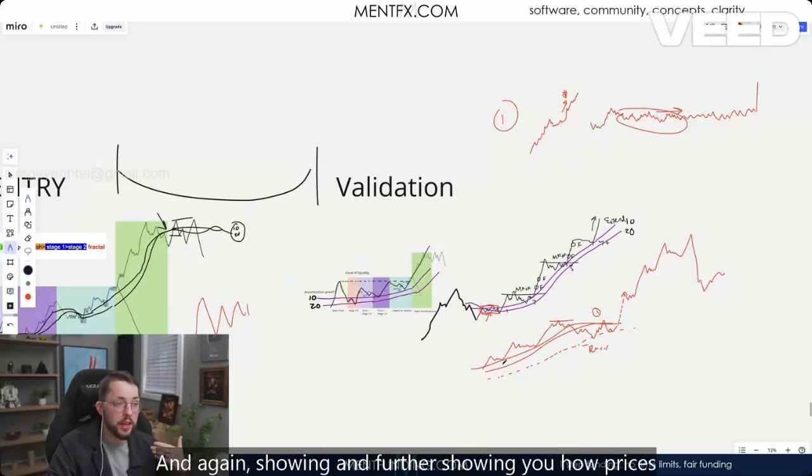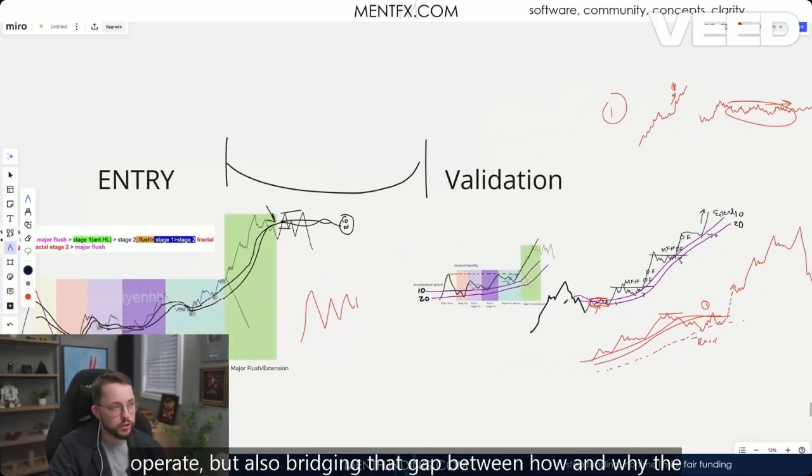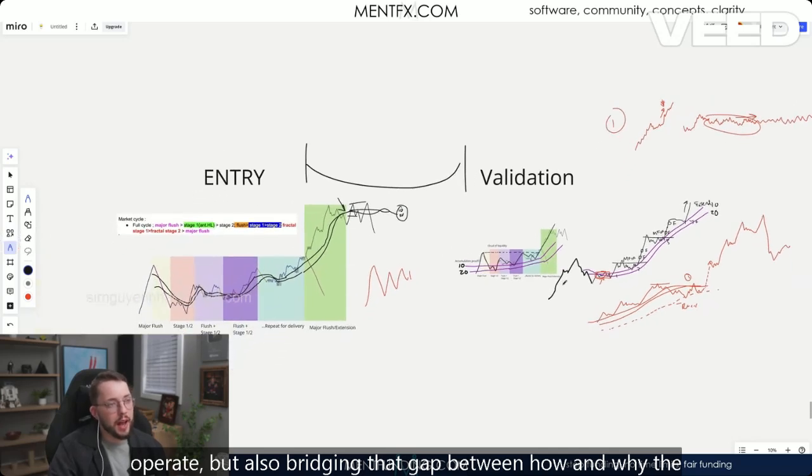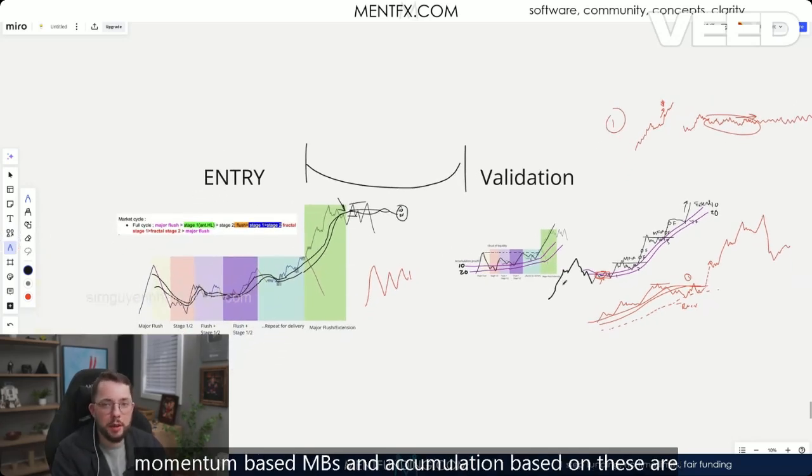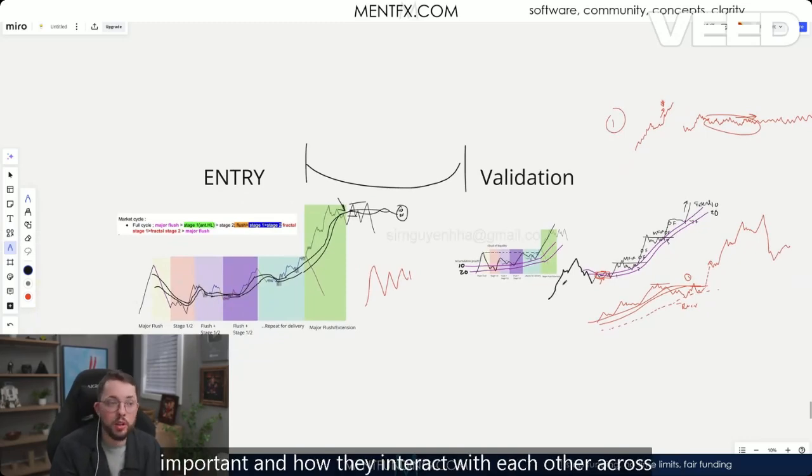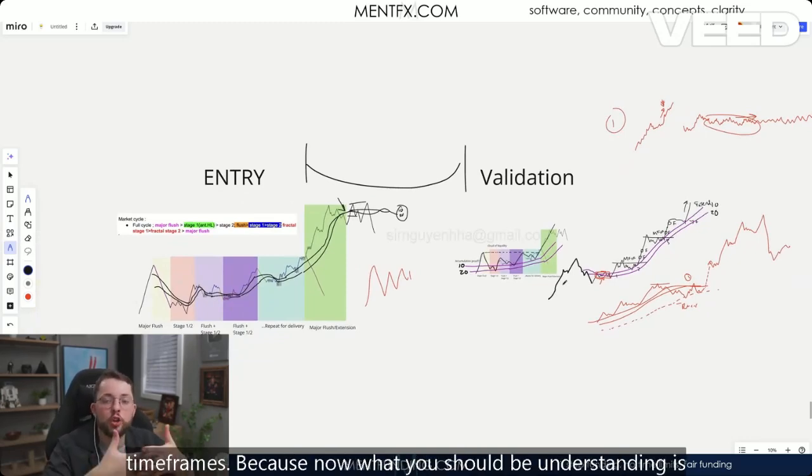But this is what I base this trade on through the exact same model and cycle that you are seeing right here. And again, further showing you how prices operate, but also bridging that gap between how and why the momentum-based MBs and accumulation-based MBs are important, and how they interact with each other across timeframes.